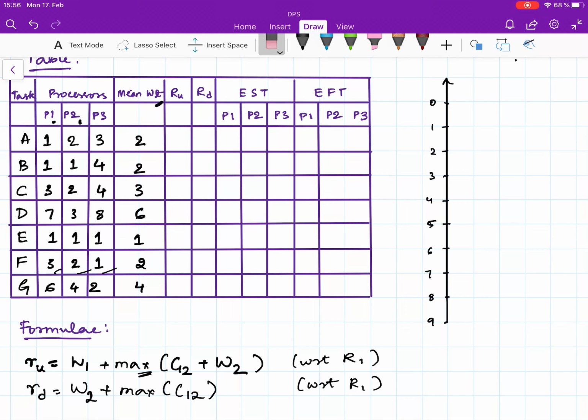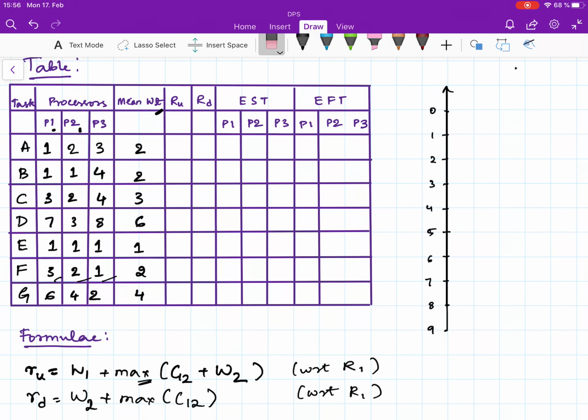For example, if you're calculating this for the first task, R1, you need to add the weight of R1 and its communication cost with respect to the other task, and then add the weight of the other task. We'll see this as we go on.